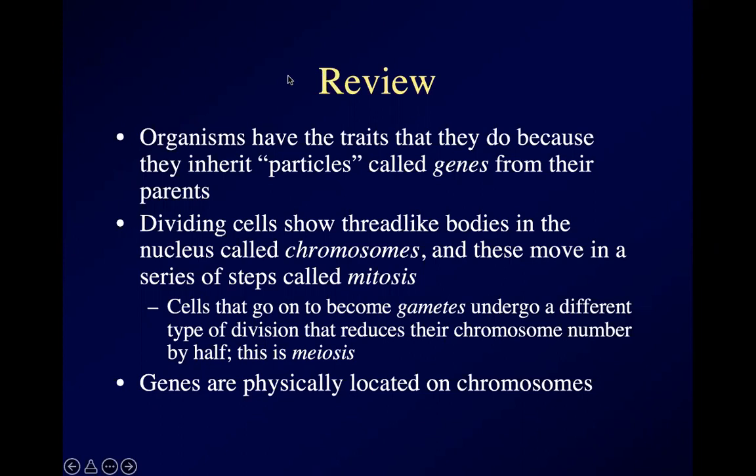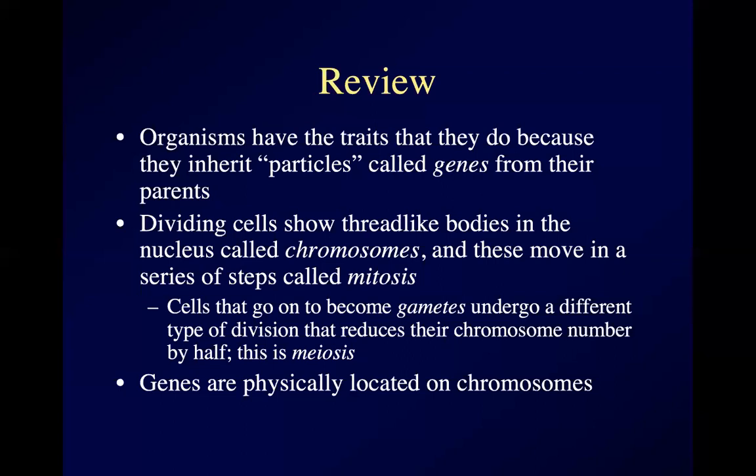And this is fundamentally what heredity is about. We talked about heredity way back in the beginning as the way in which organisms come to resemble their parents, whether plants, people, or protists, whatever it is that you're working with.